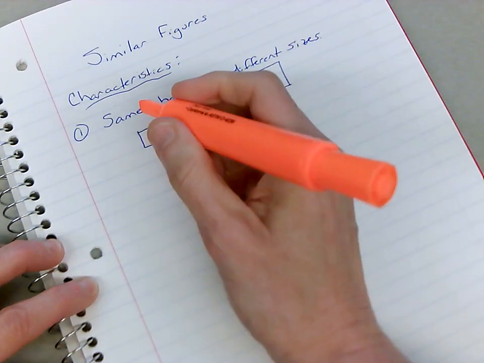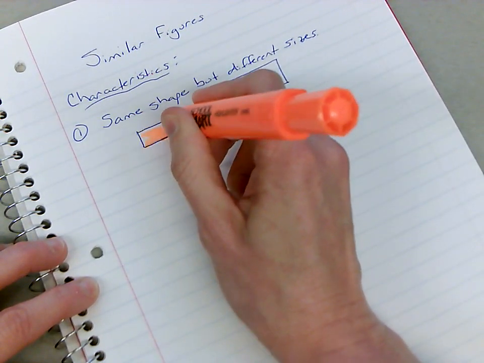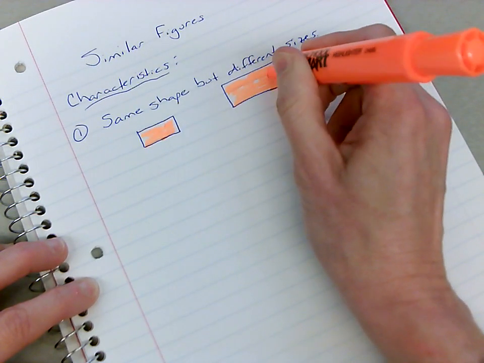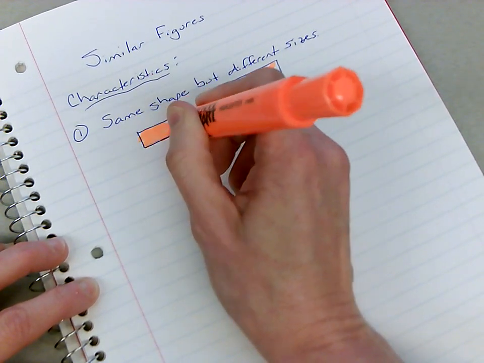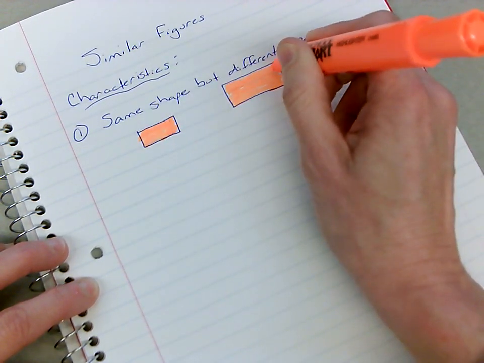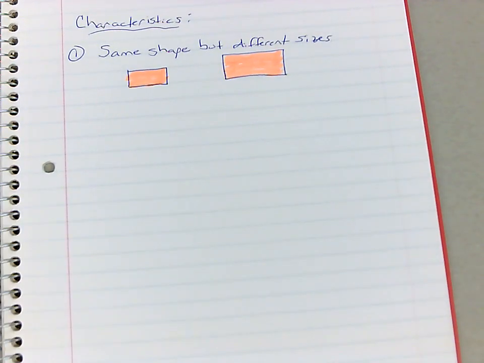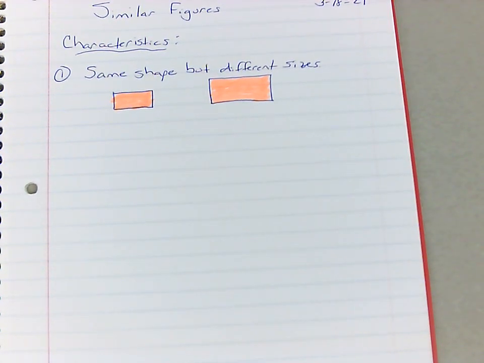And I'm just going to color both of these orange, just indicating that they're the same shape. They're both rectangles, right? Like that's not changing at all. Both rectangles, but the sizes are different. Okay, so one is smaller, one is larger. That's it.